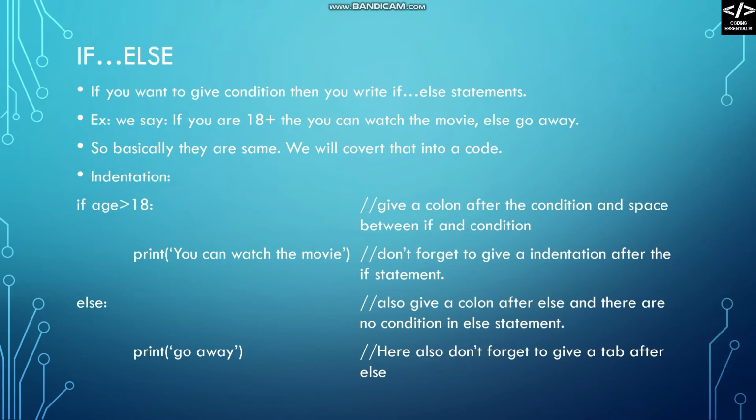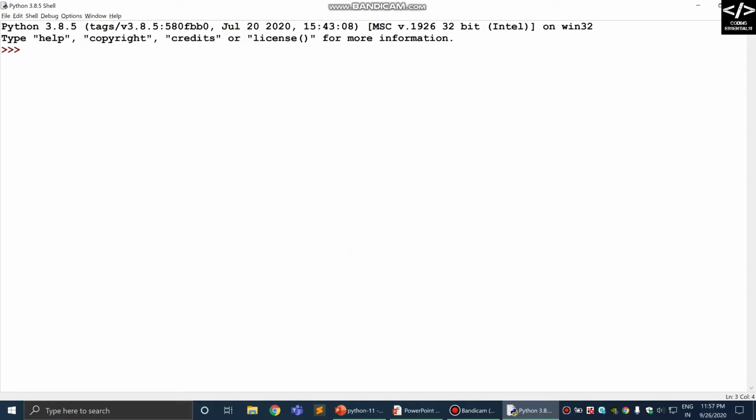Okay, let me show you in the shell. We'll write first age equals int input, so it will ask for the age of the user. I guess my age is 19, and then we'll write if space age is greater than 18 colon, enter.